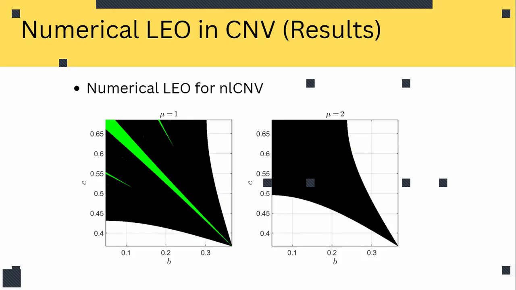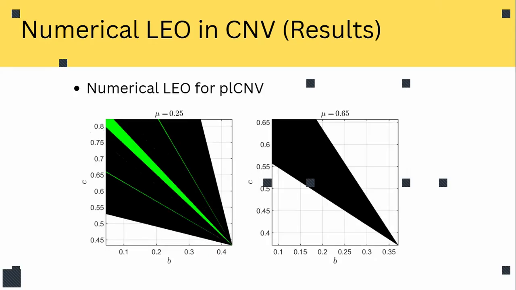And this is the numerical LEO for non-linear CNV. And this is for the piecewise linear. Here, the black is where it is following numerical LEO, and the green is where it is not following numerical LEO.